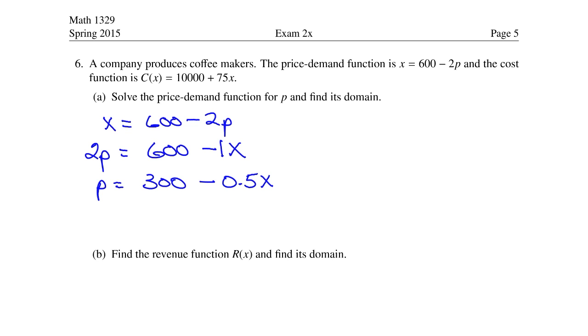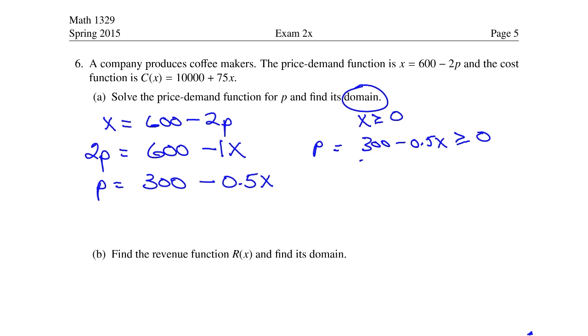Now, for the domain, clearly we know that x has to be greater than 0. And then the question is, what's the highest value we could use for x? Well, that comes from knowing that 300 minus 0.5x has to be greater than or equal to 0, because that's equal to the price.